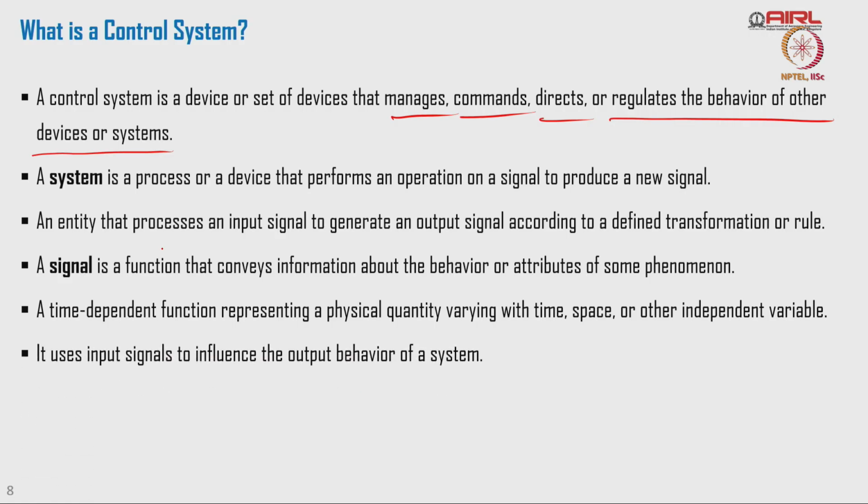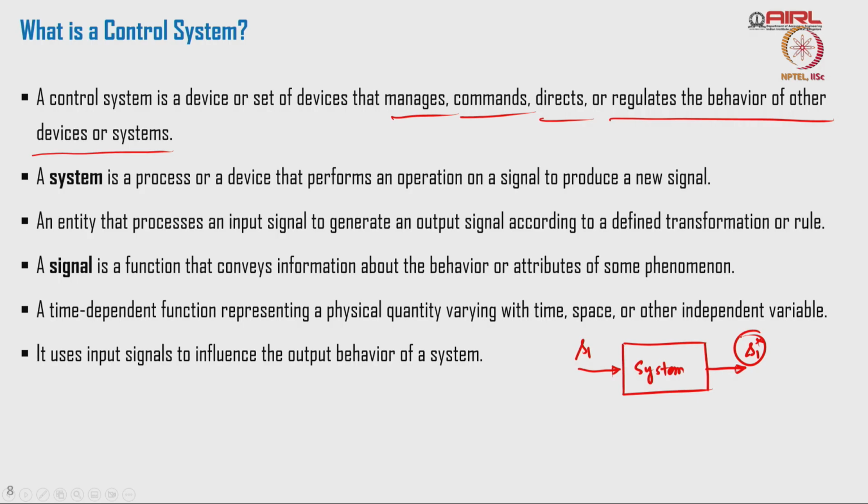What is happening in a control system is that it uses the input signals to influence the output behavior of the system. If we have the system in our hand like this, and we give a specific signal S1 and we need some signal S1 star out of it, then we can check the system behavior, whether it is giving us the desired signal S1 star or not.